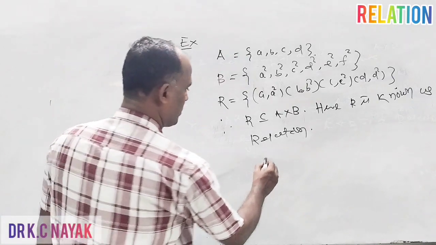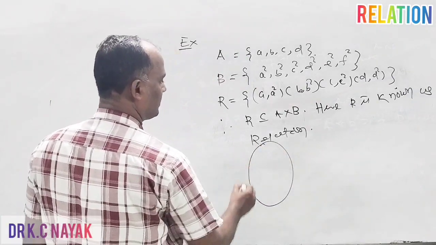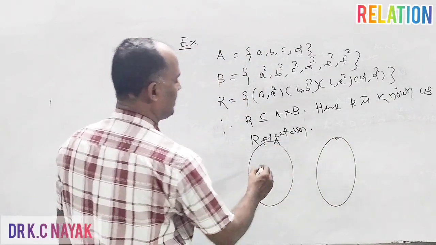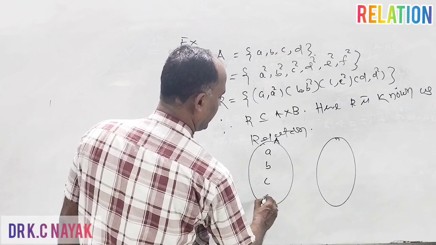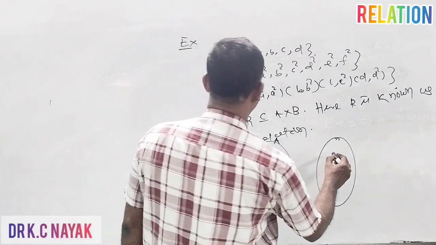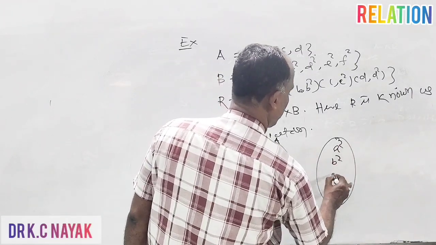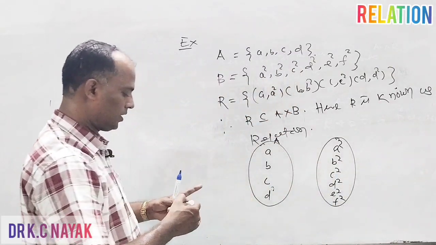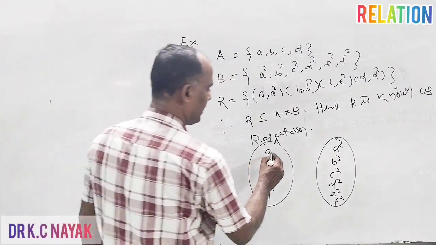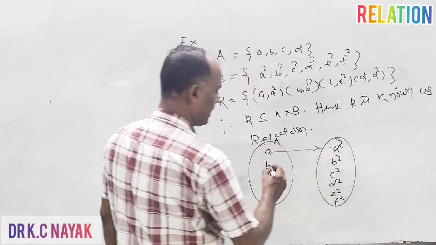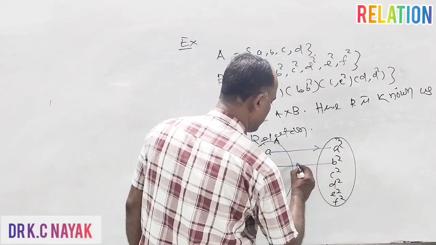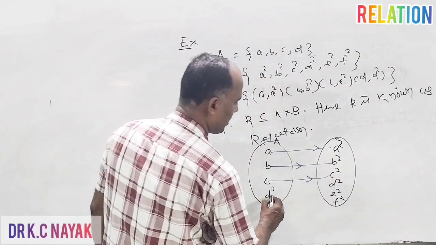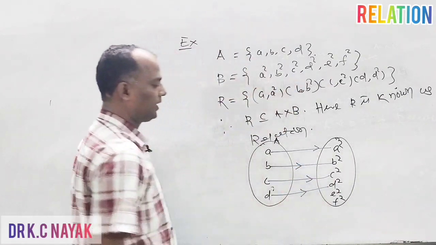Suppose I have a set A, and another set B having elements a square, b square, c square, d square, e square, and f square. The element a of set A is associated with a square, b is associated with b square, c with c square, and d with d square.